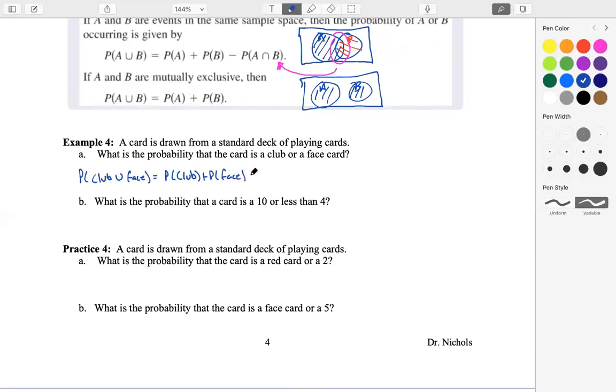Yeah. So then you subtract the intersection, club and face. All right, so there are 13 clubs. There are 12 face cards. And there are 3 clubs that are also face cards. And then when you do that, you get 13 out of 36.